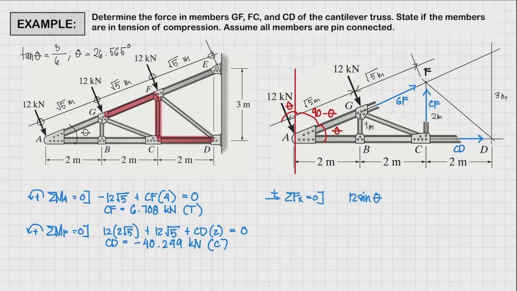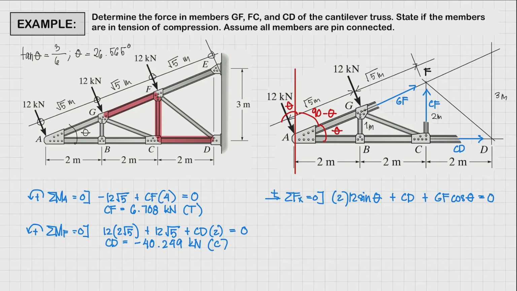Let's move this here and multiply that by 2. What else? Our 4CD is acting towards the right, so that's going to be positive as well. So positive CD. And then the horizontal component of GF is also going to be positive. So we have here positive GF. And this is also theta. So the horizontal component is going to be GF cosine theta. And the whole thing must be equal to 0.